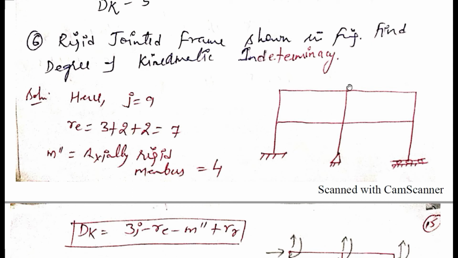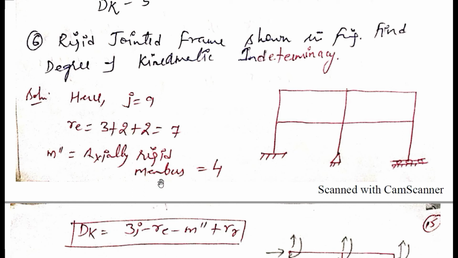Joints: 1, 2, 3, 4, 5, 6, 7, 8, 9. For the m double dash value we have axially rigid members. For this rigid jointed frame, these beams are considered axially rigid members. So we have this beam, this beam, this beam and this beam, so axially rigid members are 4: 1, 2, 3, 4.